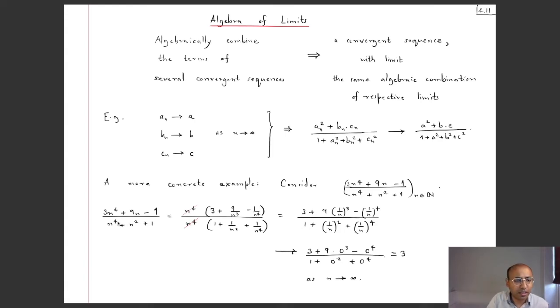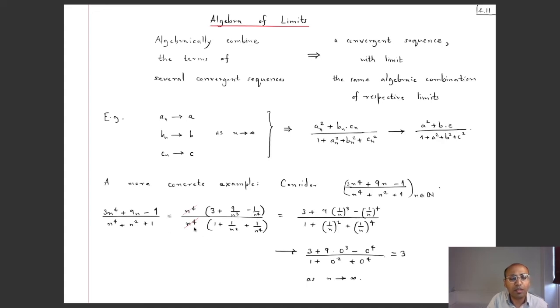So that's the idea. You view this nth term as a combination of simple terms, and in this case it's obtained by taking n to the power 4 as a common factor in the numerator and the denominator. So the numerator becomes n to the power 4 times (3 plus 9n by n to the 4, which gives 1 by n cube, minus 1 by n to the 4).